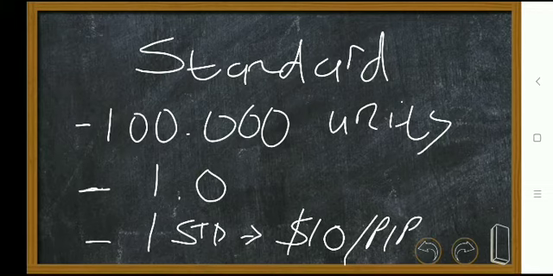I hope I'm making sense. For a standard lot, one pip will be equivalent to $10. Let's get into detail so that you understand. We're busy with a standard lot, right?